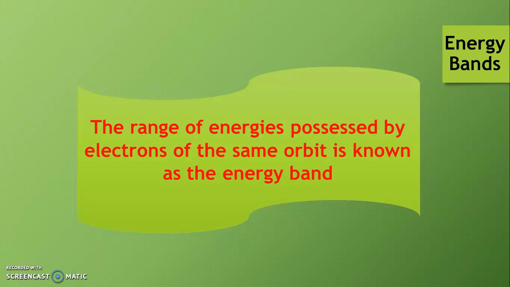So instead of indicating the level of energy, now we have to identify the energy band. The range of energies possessed by electrons of the same orbit is known as the energy band.